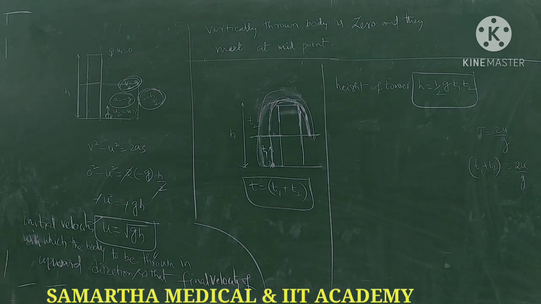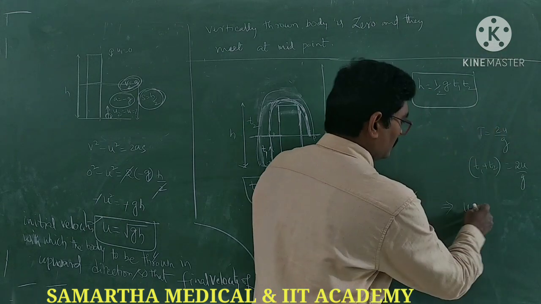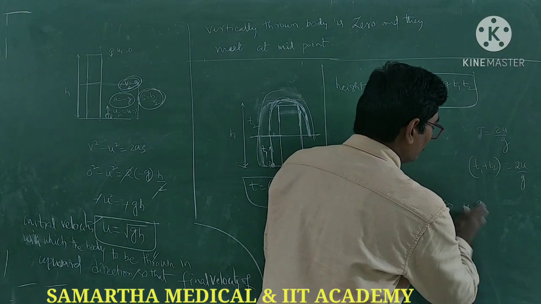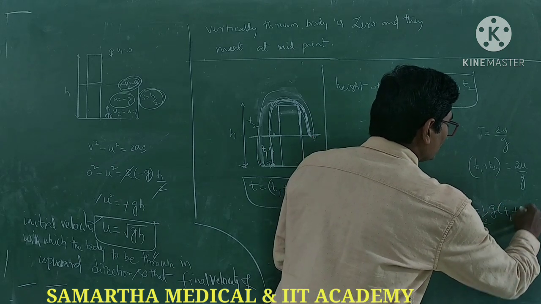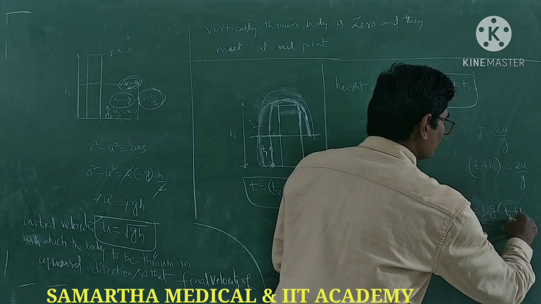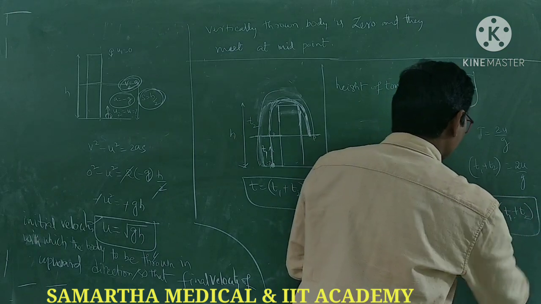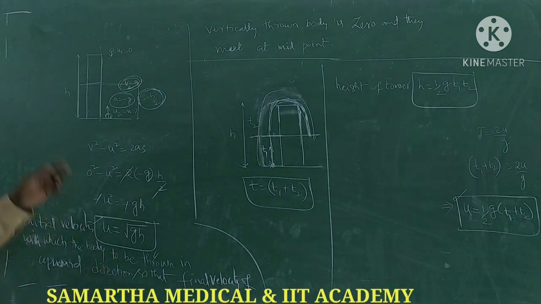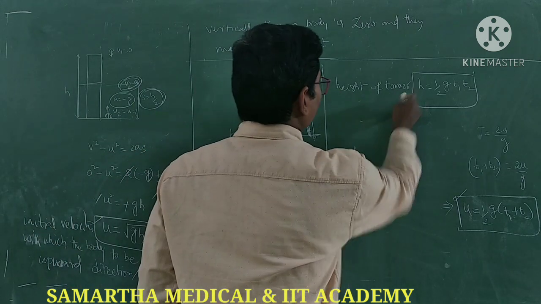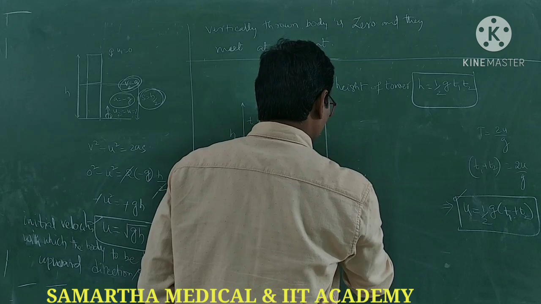From this, what is u? U equals g by 2, that is half g into t1 plus t2. That is the initial velocity with which the body is thrown, right? No doubt. So height of the tower, initial velocity of the body.